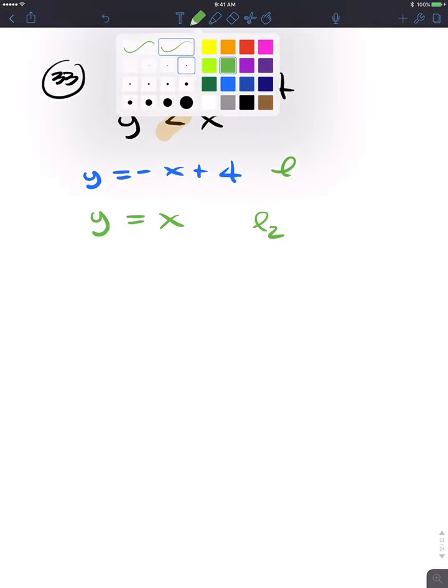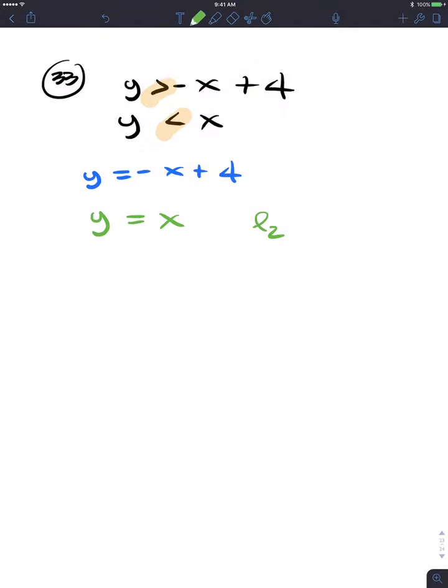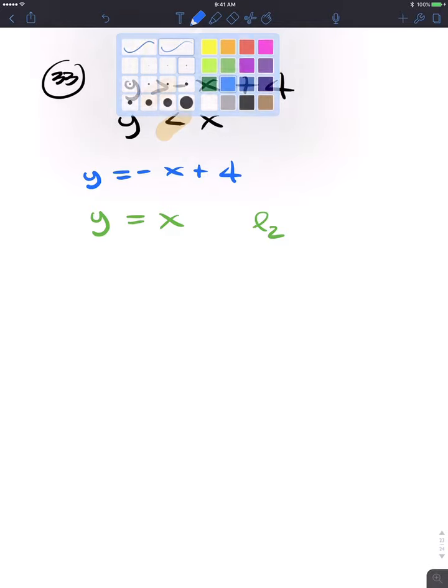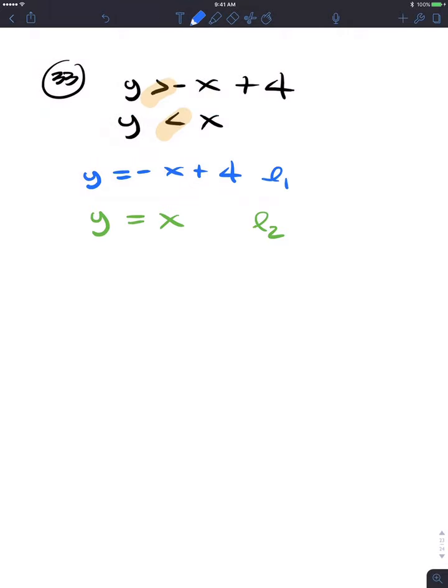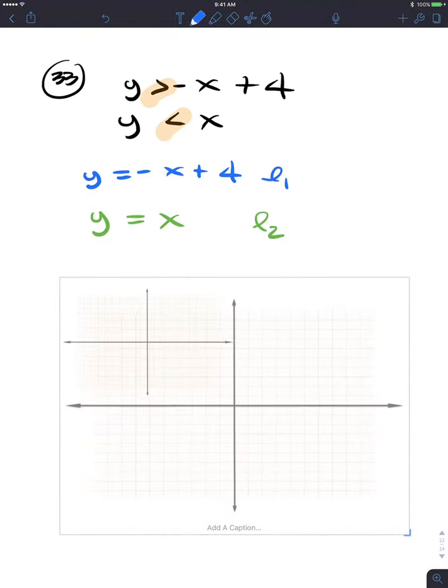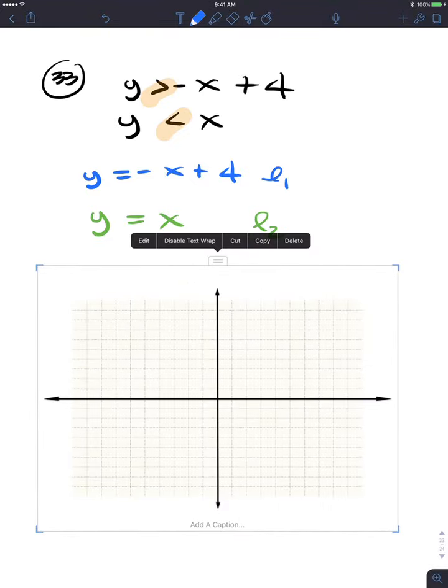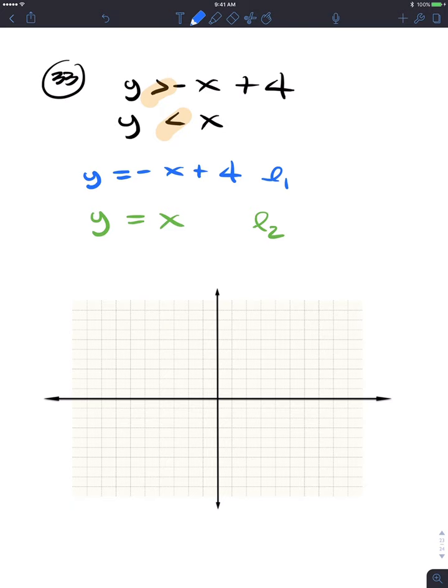Let's be consistent. I'll give you less detail because by now you should be good with graphing these. Let's graph line 1 in blue and line 2 in green.